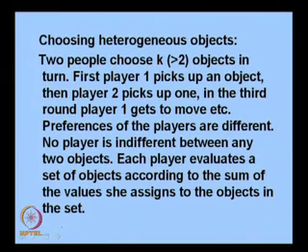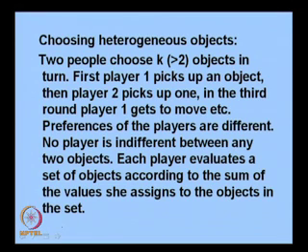Choosing heterogeneous objects. 2 people choose k objects in turn, where k is greater than 2. First, player 1 picks up an object, then player 2 picks up one. In the third round, player 1 gets to move, and so on. So, these 2 players are alternately choosing their objects from a collection of k objects.